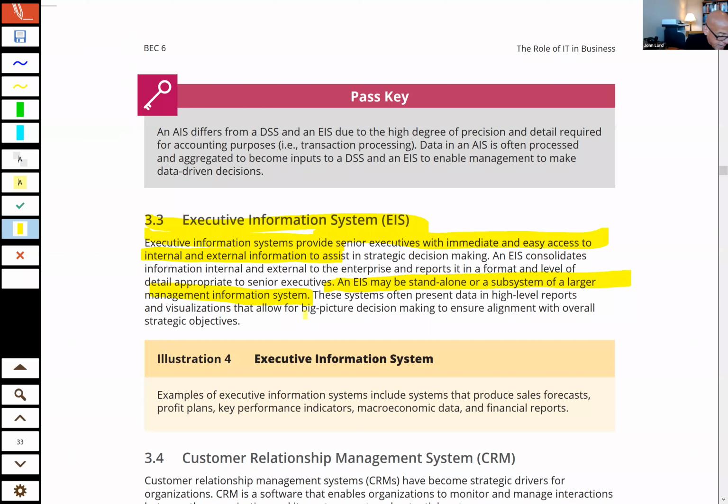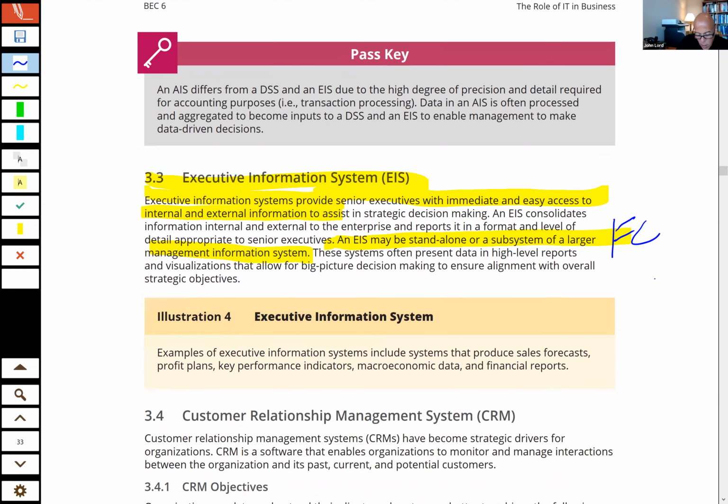So it doesn't have to be part of the MIS, but it was one of the pieces that we had called out for our management information system, where we have the accounting information system, the decision support system, and now the executive information system. But go ahead and flashcard that it could be a part of a standalone piece. It doesn't have to be part of the management information system.